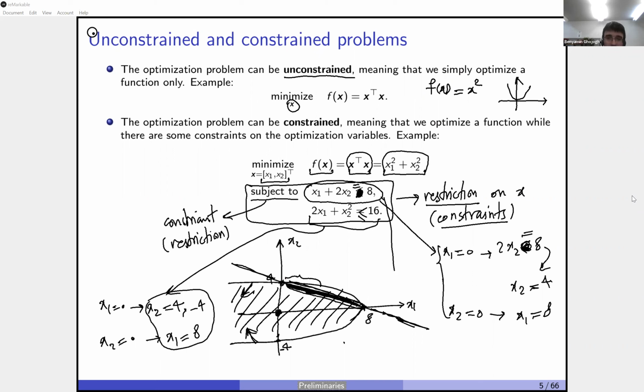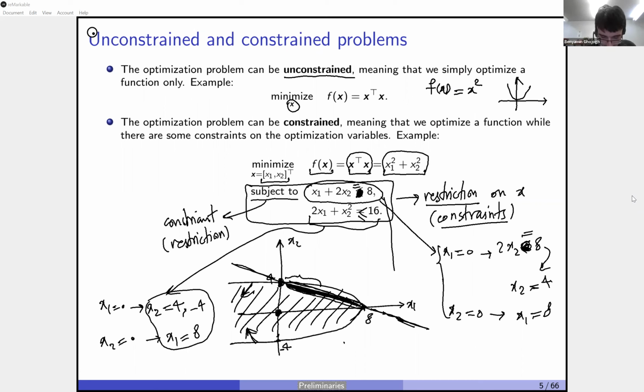I haven't calculated that, but we can see that it's either here or around here, because when we become here, it becomes 8 squared plus 0 squared. It's very high. 8 squared is 64. Here we have 4 squared plus 0 squared, right? It's 16. So it's either this point or somewhere close to it. This is the answer.